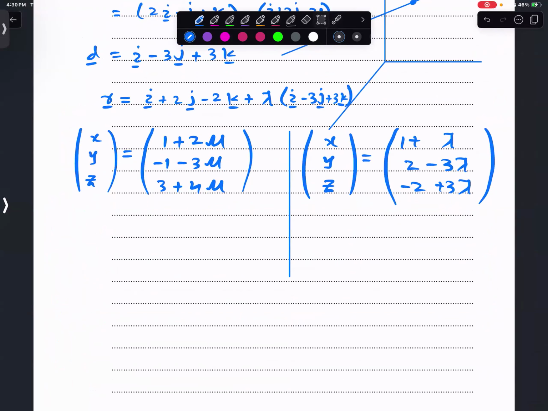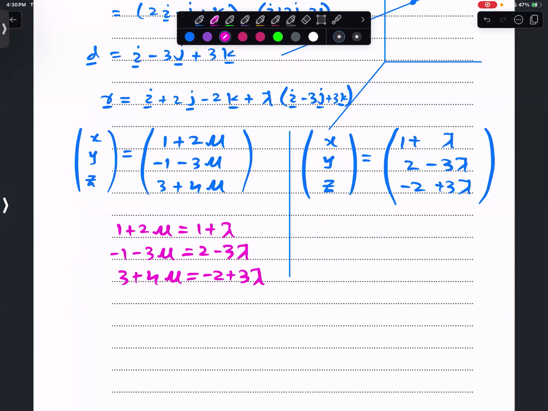So let's equate X, Y, Z. 1 plus 2 mu is equal to 1 plus lambda, minus 1 minus 3 mu is equal to 2 minus 3 lambda, and 3 plus 4 mu is equal to minus 2 plus 3 lambda.